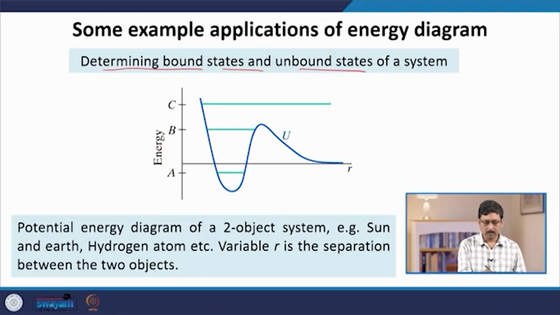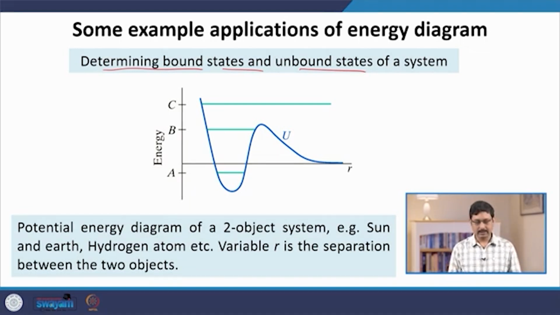But there are various interesting examples beyond mechanics. Let us start with something in mechanics. The energy diagram is a very powerful method. We can use it to determine pictorially the bound states and unbound states of a system.